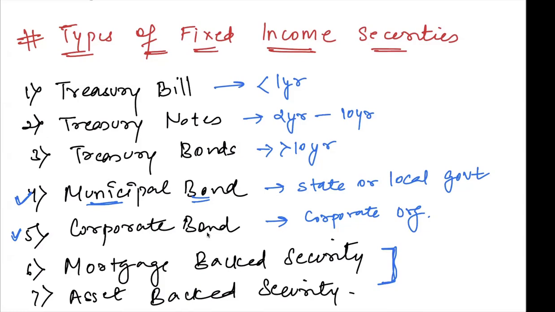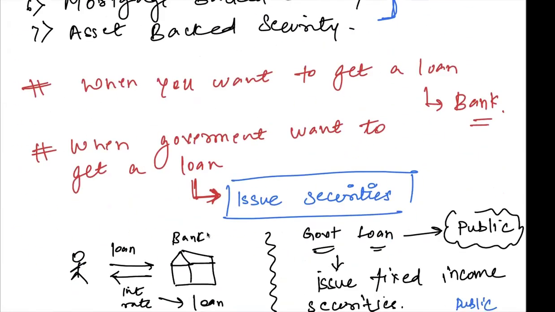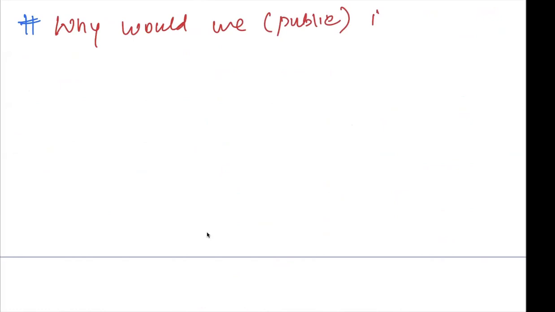But then you might be thinking, what is there for the public? Why would we invest in fixed income securities? If we give the loan, what will we get back?